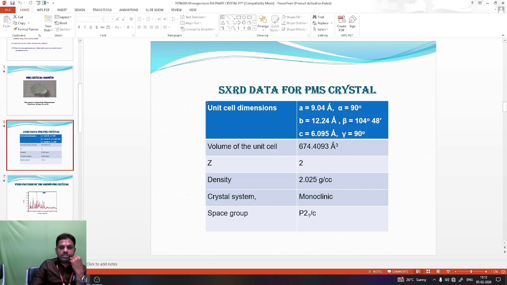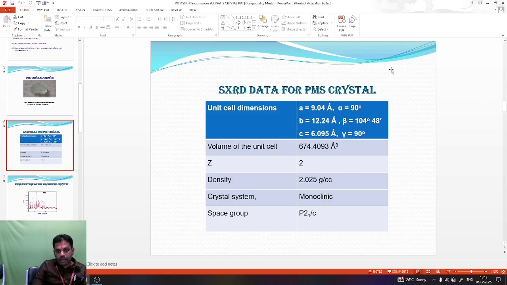The single crystal XRD data gives the unit cell dimensions: a equal to 9 Angstrom, b equal to 12.24 Angstrom, c equal to 6.095 Angstrom. Alpha and gamma are 90 degrees, and only one angle, beta, is 104 degrees. So only one axis is not equal to 90 degrees.